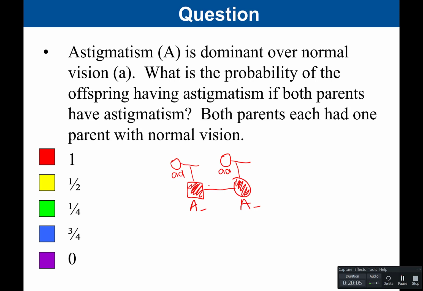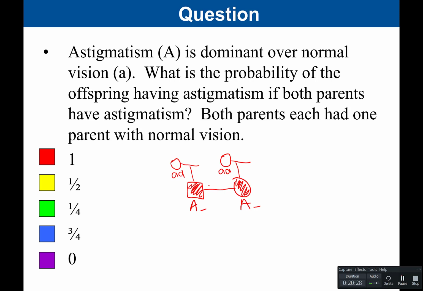Now, they each have a parent with normal vision, which means that the parent with normal vision has to be little a. So what does their second allele have to be? The answer is that the second allele has to be a little a, because that one parent can only give a little a.